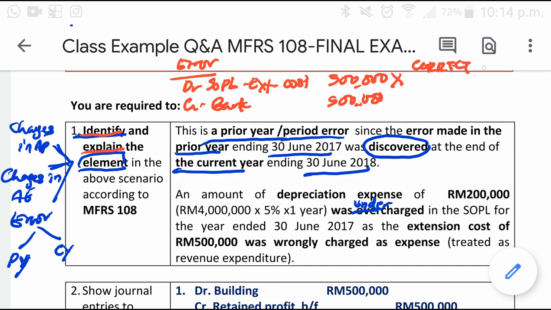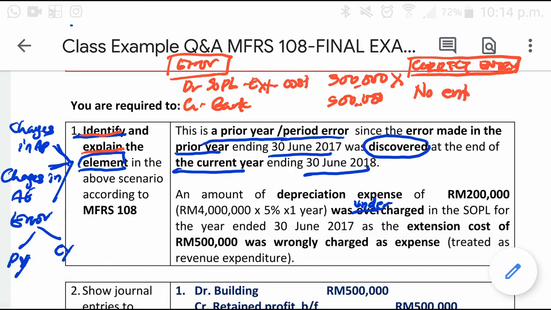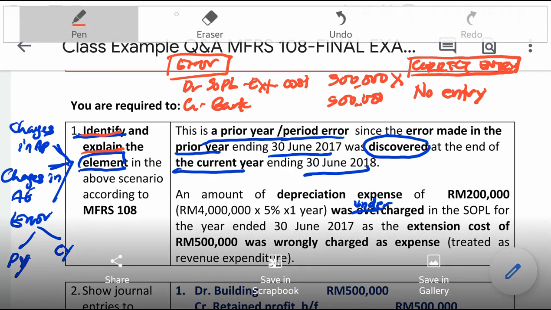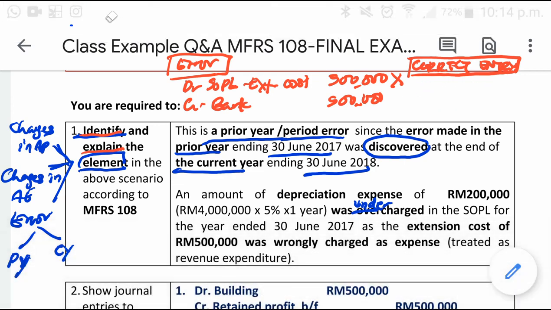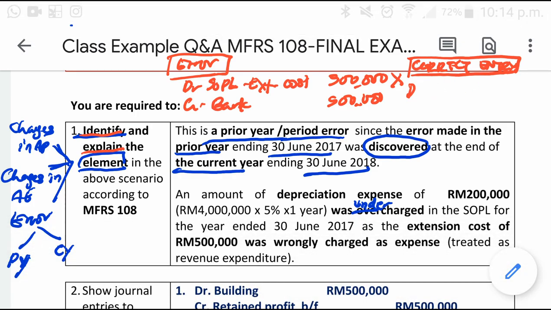This is the error. The correct entry is that there shouldn't be any entry regarding this; by right, the entry should be to debit your building. So you need to go and add more to the building and credit bank. This is the correct entry, 300,000.